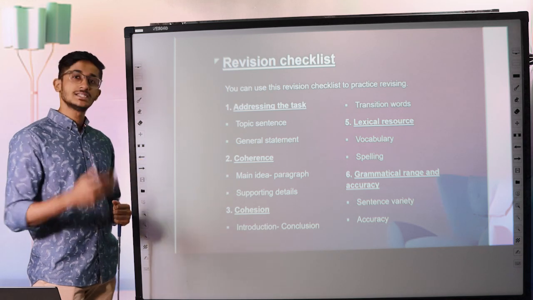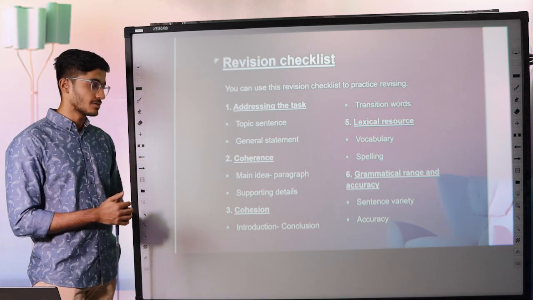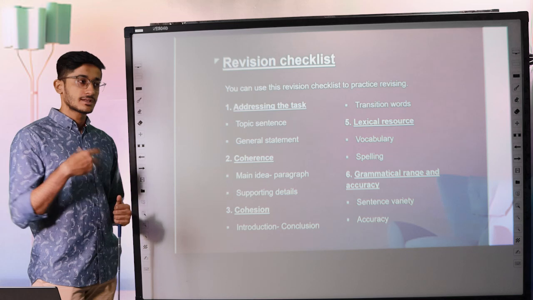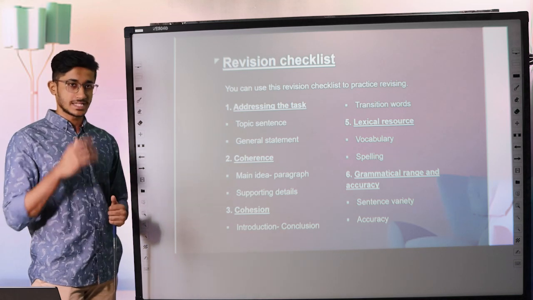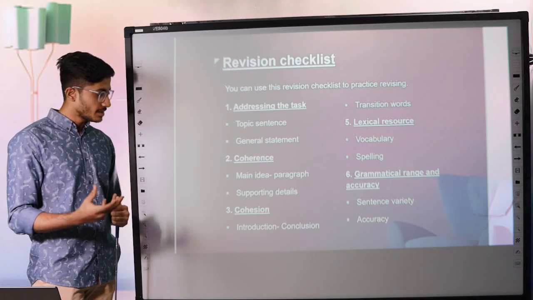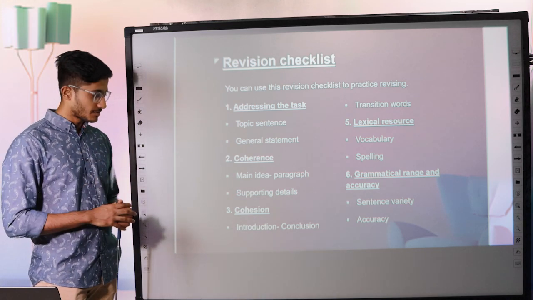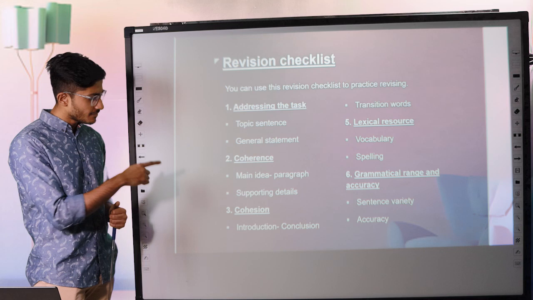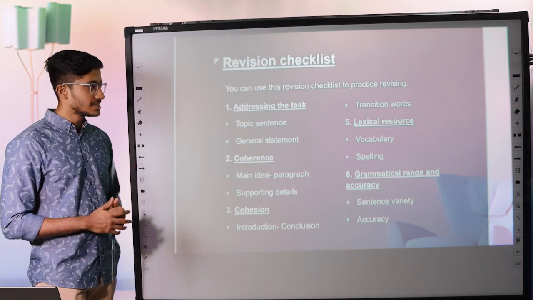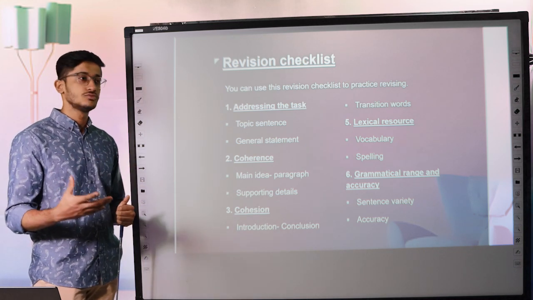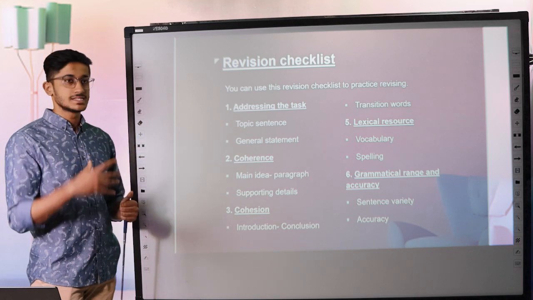Coherence is basically the main idea of the paragraph, whether you have included all the steps that the process is showing, and whether you have supported those details with the relevant information. Then you have cohesion, which is basically the introduction and the conclusion, and the transition words.